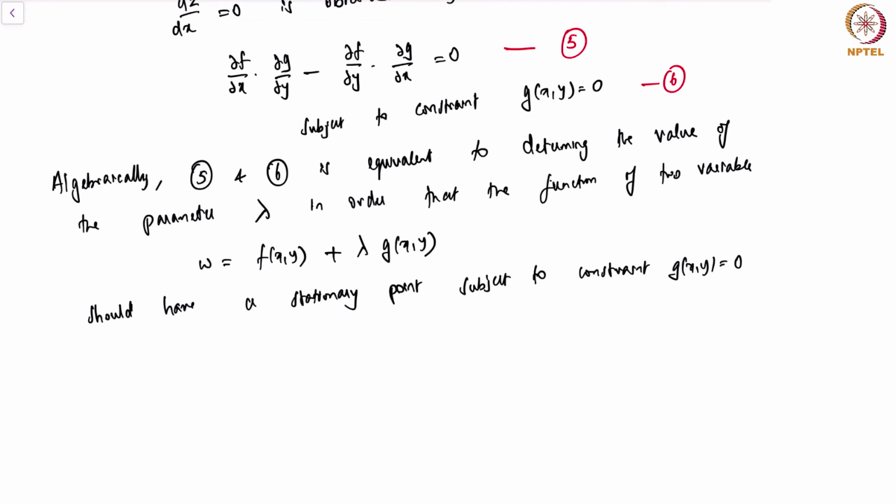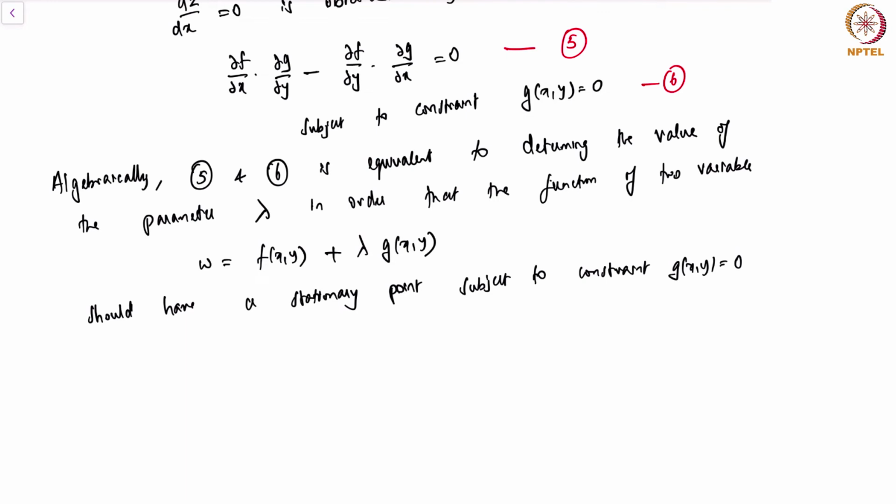We've just said this new function w is f plus lambda g. The sign is not important, it could be f minus lambda g as well. Now, why does this ensure that we will be satisfying the constraint optimization problem?